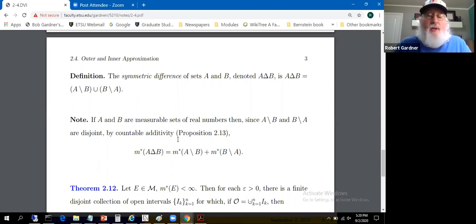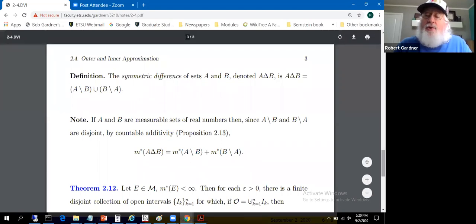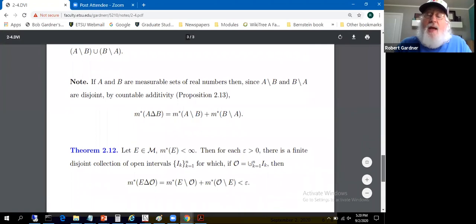Turns out we can relate symmetric differences to measures being small as well when dealing with measurable sets. If A and B are measurable sets of real numbers, then so are the set differences because we're in an algebra. And by countable additivity, we could write the outer measure of A symmetric difference with B as the sum of the outer measures of the constituent parts.